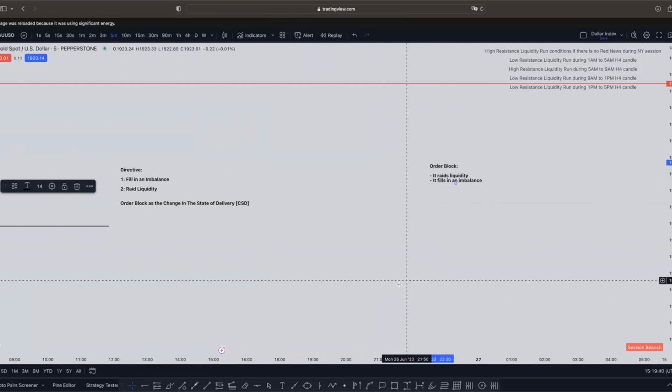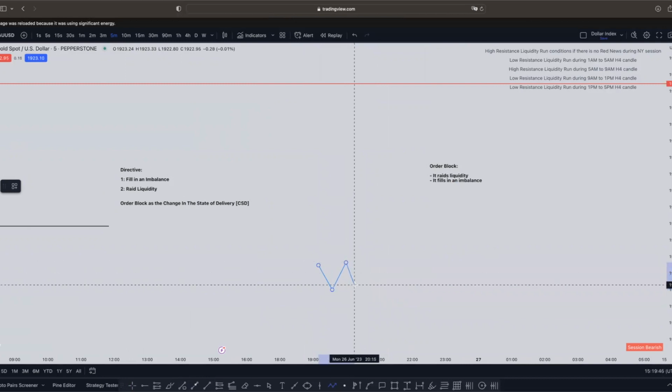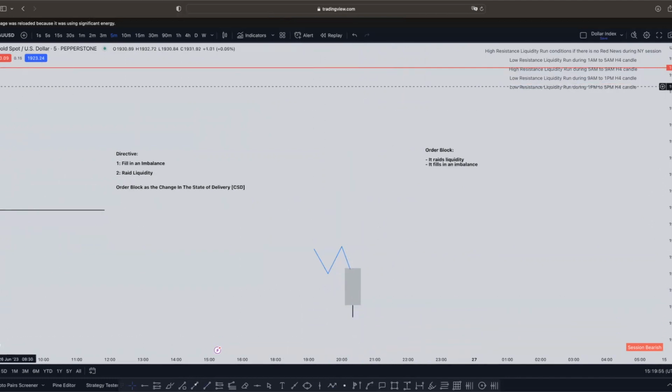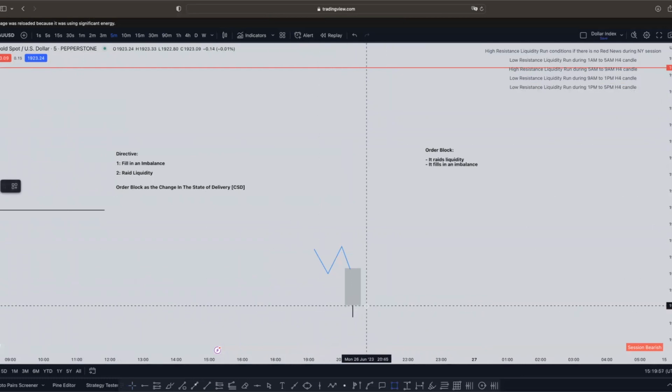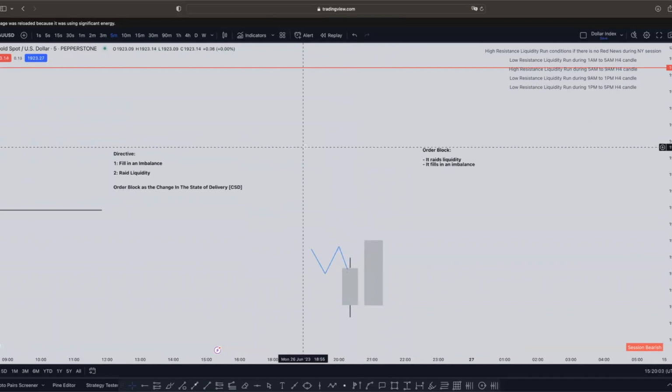If you have liquidity, and let's say this candle takes out the liquidity, as I've explained before in my old videos, we understand that if price then immediately trades above it, that's a change in the state of delivery.